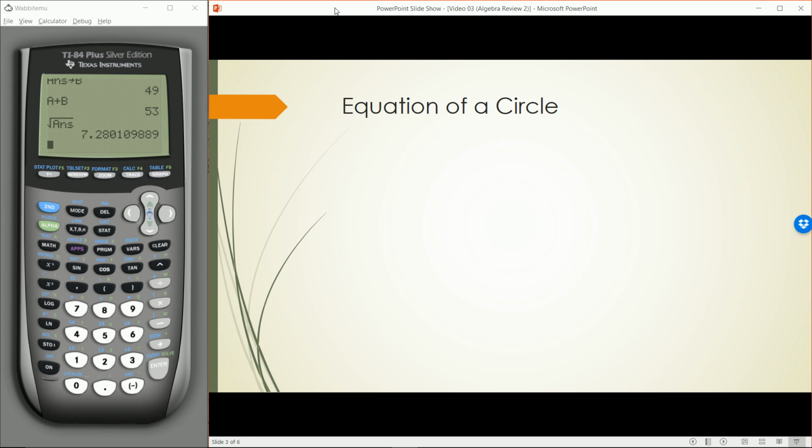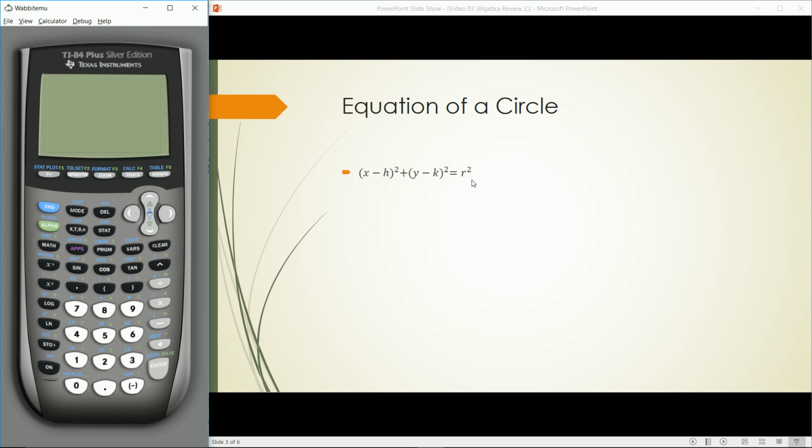Now, next thing we're going to talk about is the equation of a circle. This might be new for some people, might not. But here is our basic equation of a circle. We have (x minus h) squared plus (y minus k) squared equals r squared.